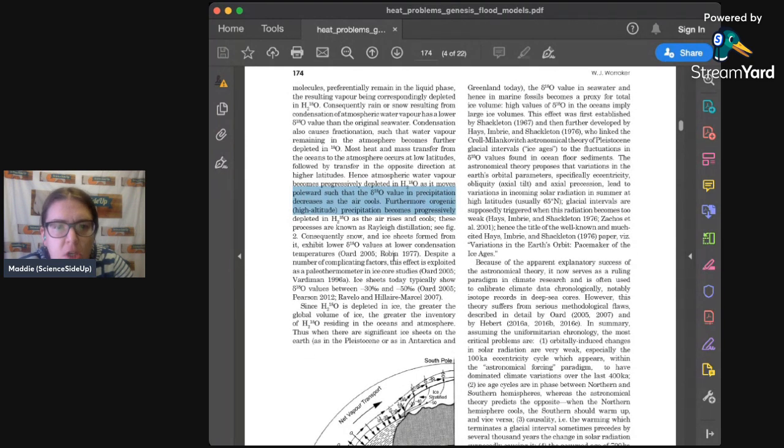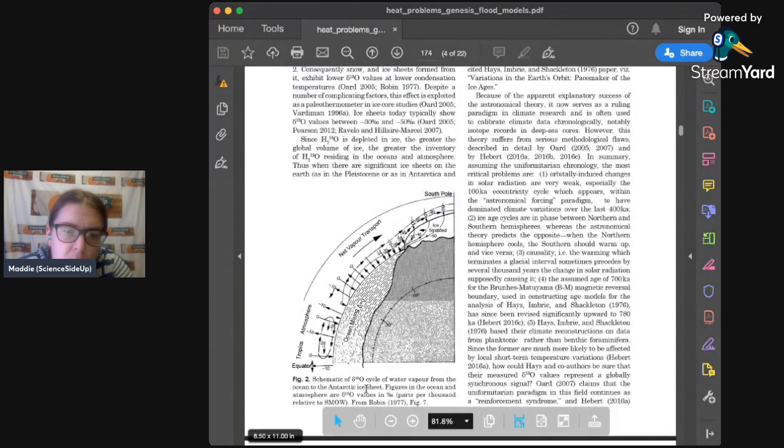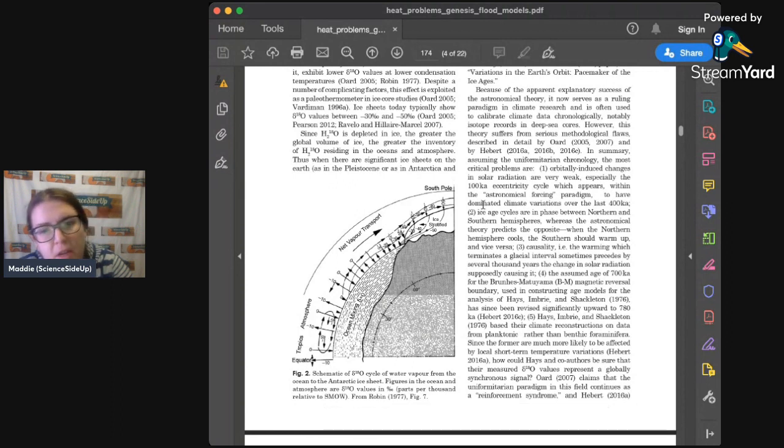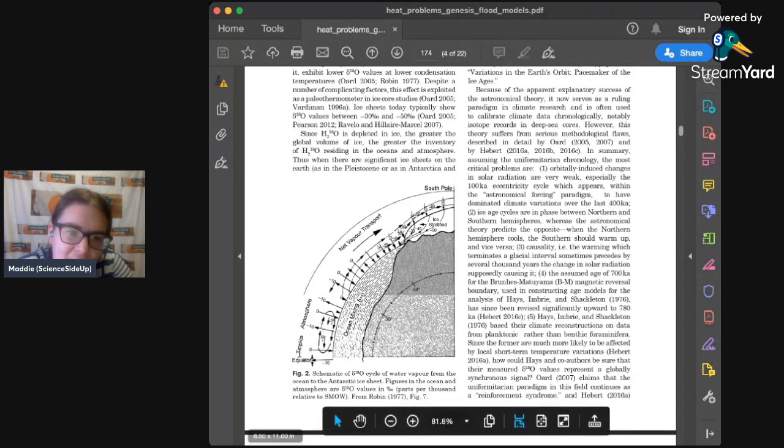These processes are known as Rayleigh distillation, see figure 2. Beautiful. So here's the oxygen 18 water cycle, from equator to the South Pole. That's a fun upside down plot.